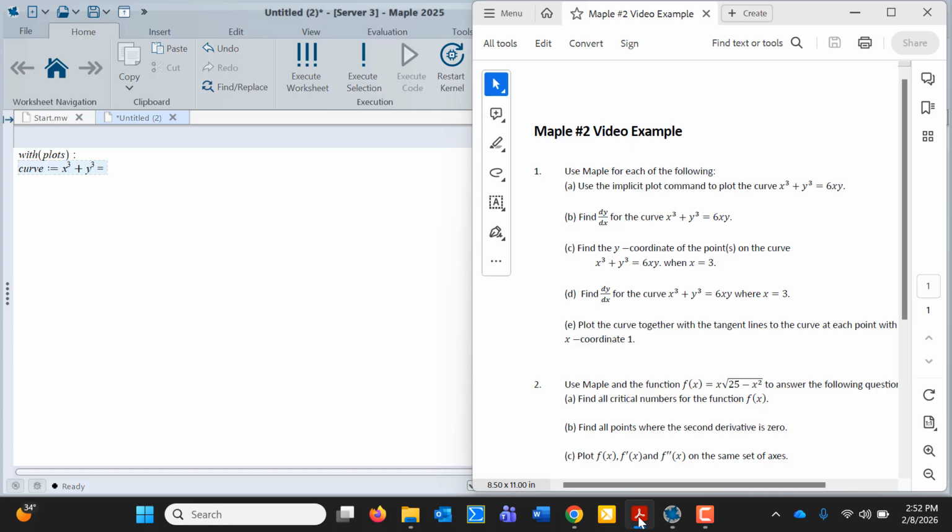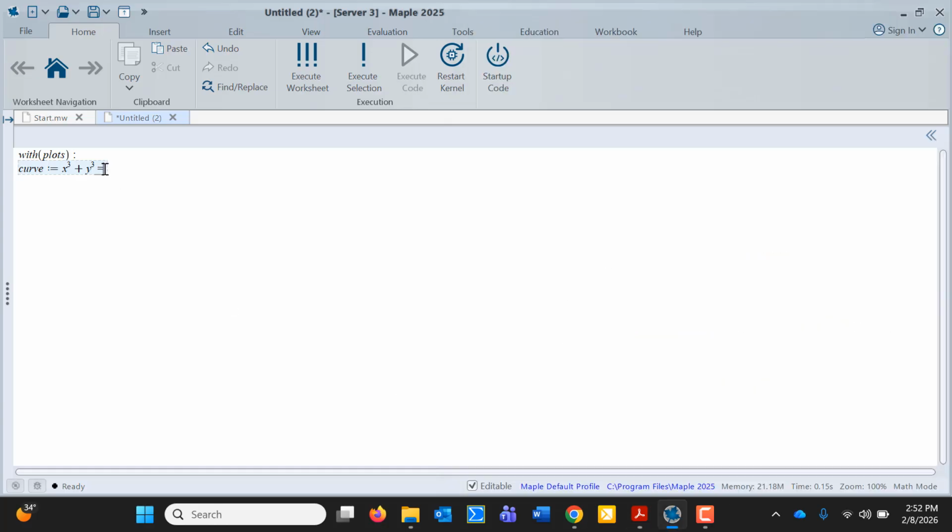So in Maple, you have to actually manually type in those times, which is really the asterisk key on your computer laptop. So I'm going to do 6 asterisk x asterisk y to get 6 times x times y. So I'm defining this equation to be what I'm calling curve. So if I hit enter, it's now storing it in Maple's memory.